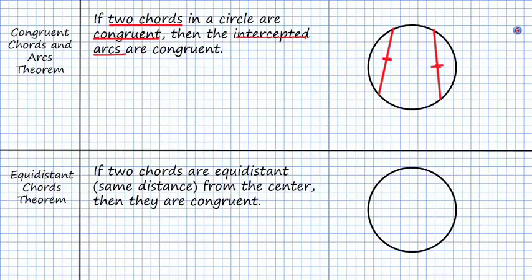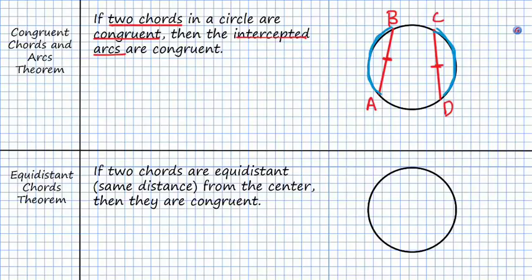We'll call those points A and B, and then we'll call these points C and D. What intercepted arcs means is the arc CD and the arc AB.